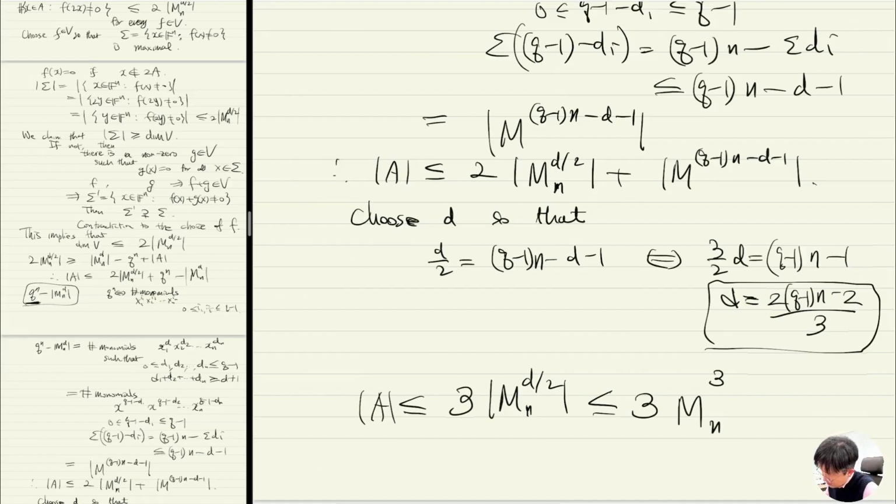And I'm dividing by 2, so it is q minus 1 n over 3 minus 1 over 3. But anyway, let's ignore 1 over 3. So 3 times mn q minus 1 n over 3. All right, so that's the upper bound of the size of A.